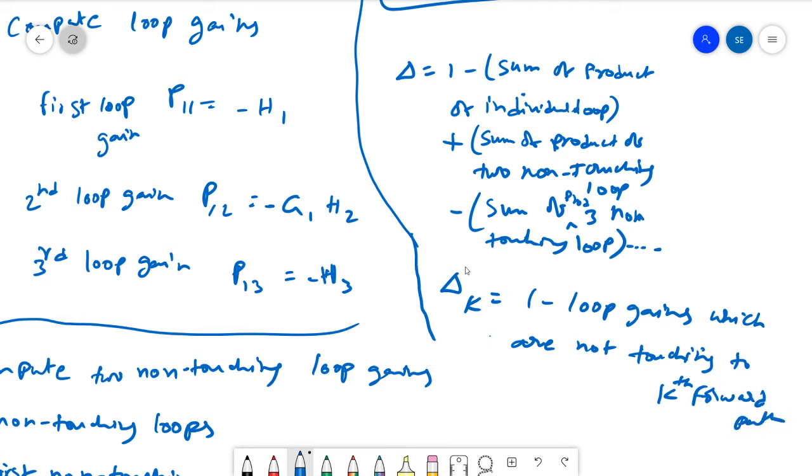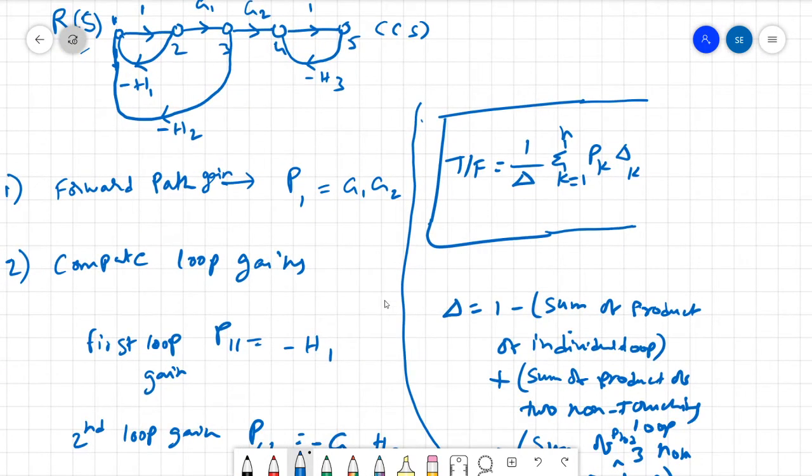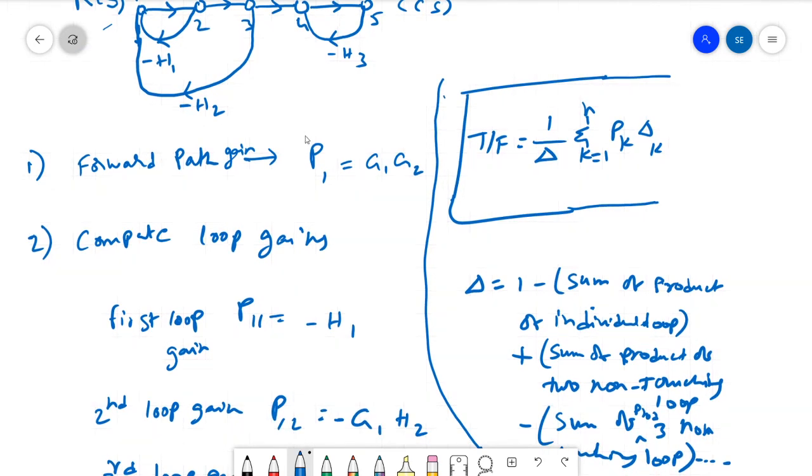First, check the forward path. Are there any loops which are not touching the forward path? There is only one forward path, and all the loops are touching it. See the loop here, it is touching the forward path. So just check if any non-touching loops are there. No, we don't have any other non-touching loops.